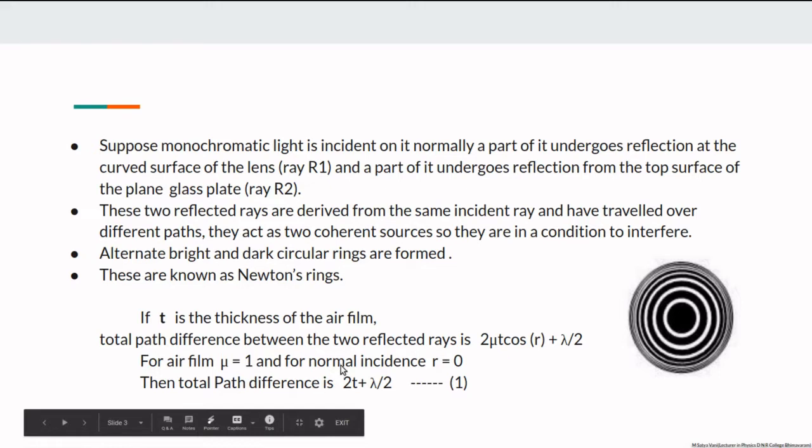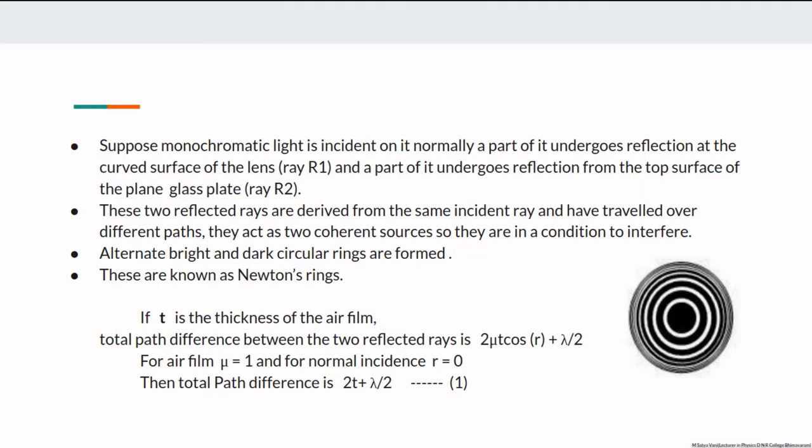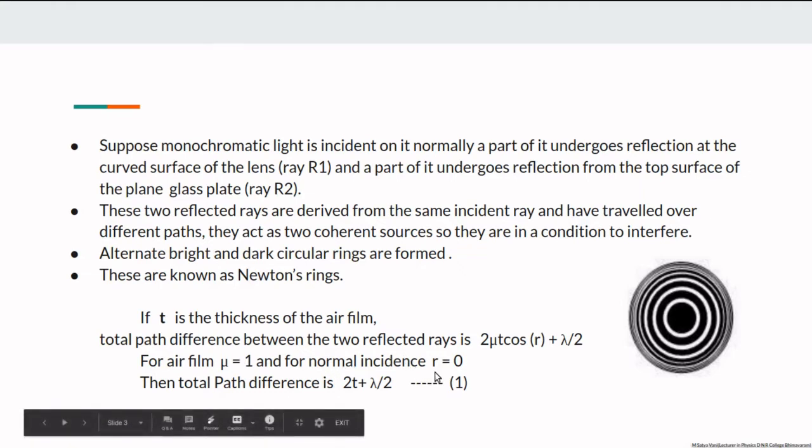And for normal incidence, that means when the rays are incident on the combination perpendicularly, the angle of incidence is 0 and the angle of refraction is also equal to 0. If you substitute these two values, that is mu is equal to 1 and r is equal to 0, then this equation becomes 2t.